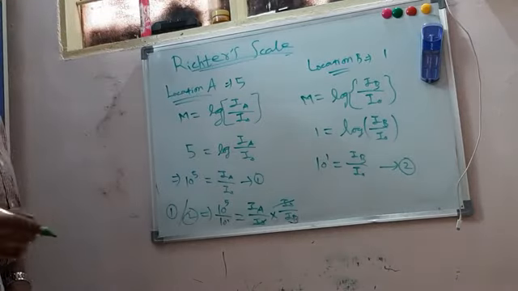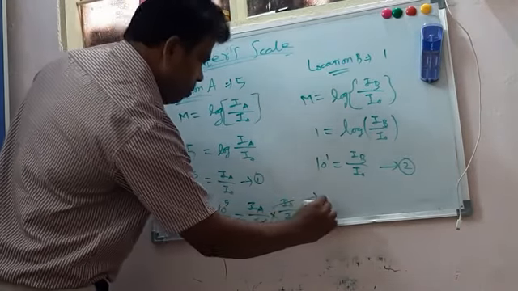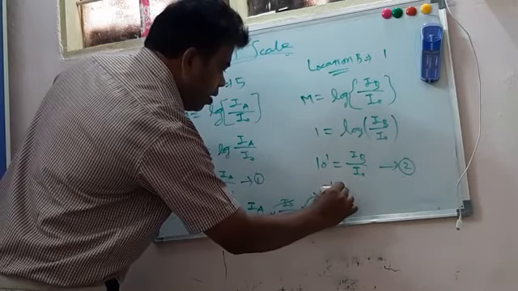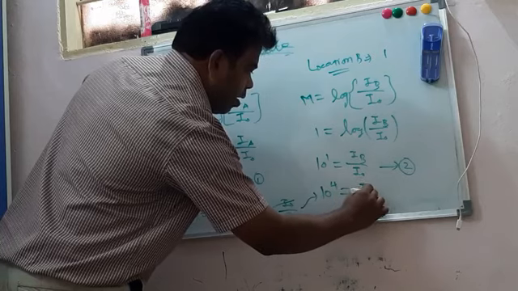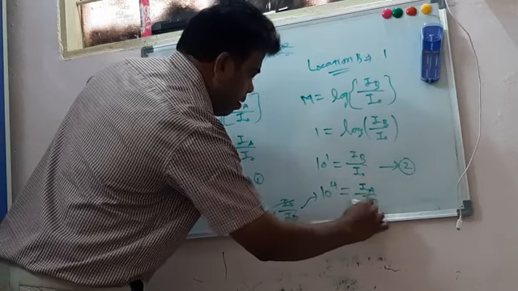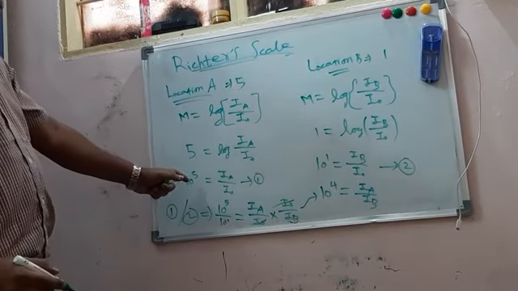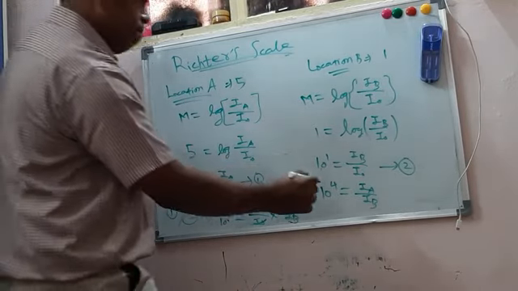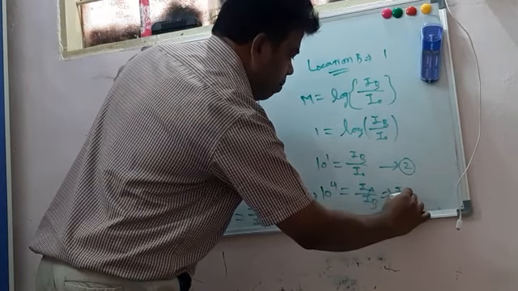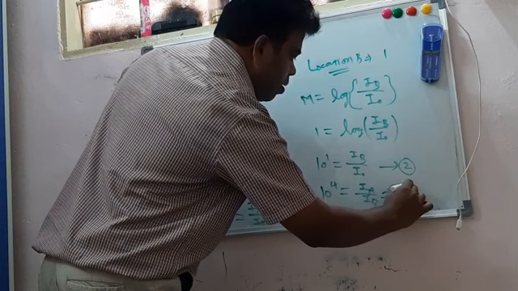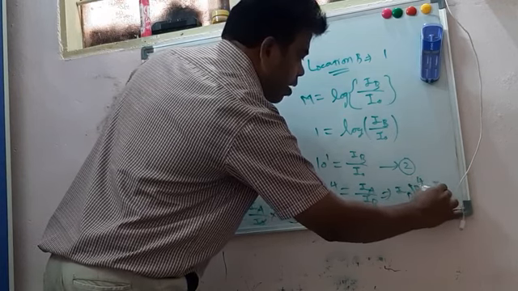I0 will cancel out. So finally you will get 10 power 4 equal to IA by IB. So IB into 10 power 4 equals IA.